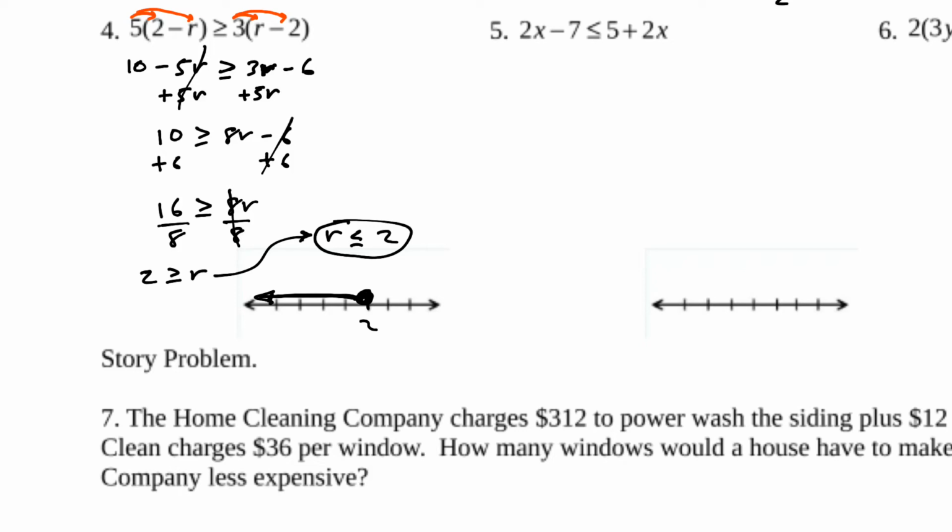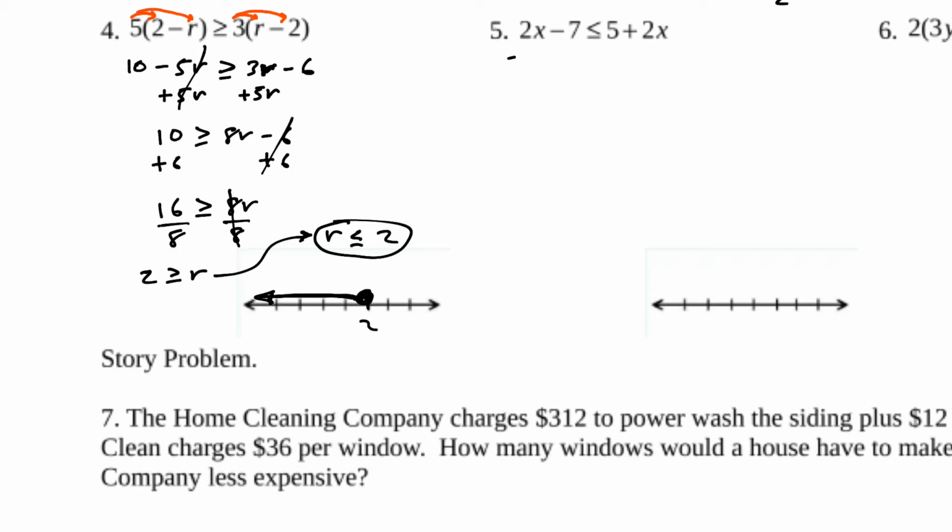So on number 5, we have a 2x on the left side of the inequality, and we have a 2x on the right side of the inequality. Well, if we're going to use addition or subtraction to get the terms containing x on the same side, I'm going to subtract 2x on both sides.